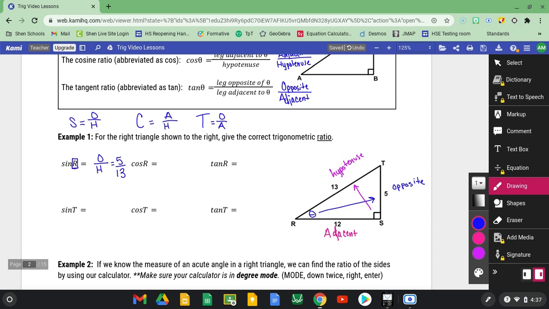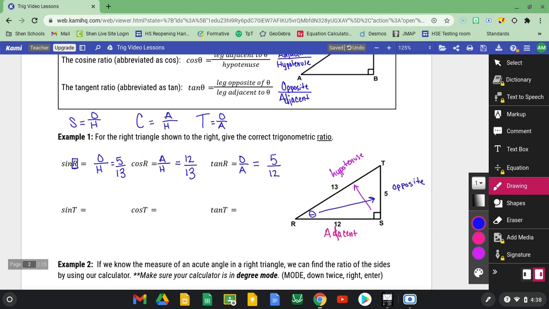So when I look at the sine of R, I'm looking for the ratio of the opposite side over the hypotenuse, or 5 over 13. Now, if I need to find the cosine of R, I'm going to find the adjacent side over the hypotenuse, or A over H. Adjacent, I have labeled as 12.